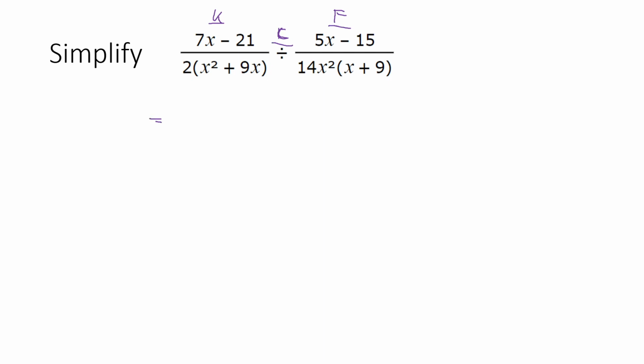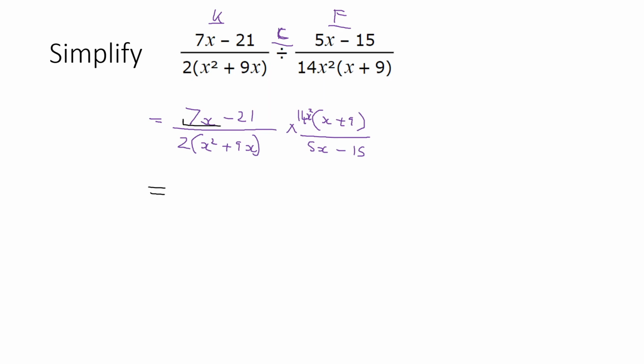So, this is the same as 7x minus 21 over 2x squared plus 9x times 14x squared times x plus 9, and we're dividing by 5x minus 15. Okay, so now we can factorize.